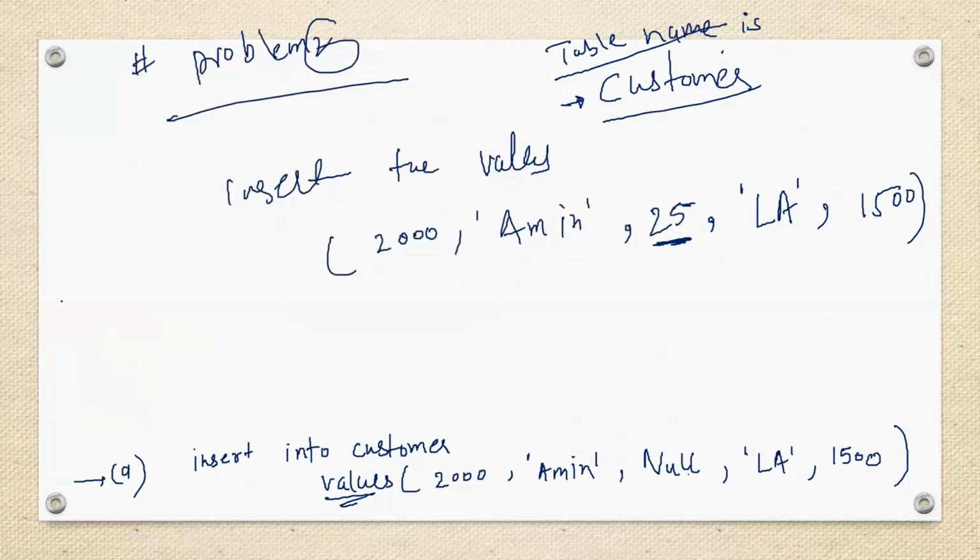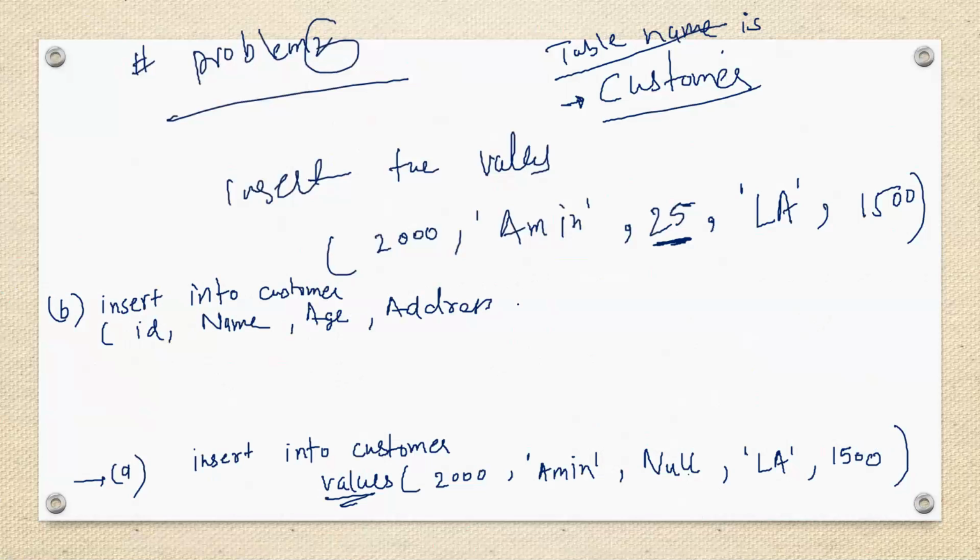The second way of doing it is: insert into customer, then mention all the column names: ID, name, age, address, salary.